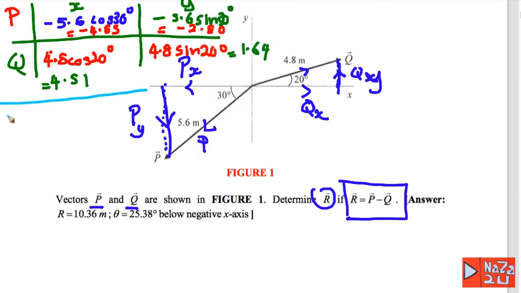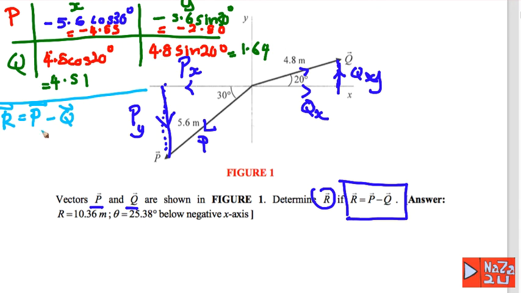Because vector R is equal to vector P minus vector Q, we take Px, Py, Qx, Qy. For P, x is minus 4.85 and y is minus 2.80, also Qx and Qy.